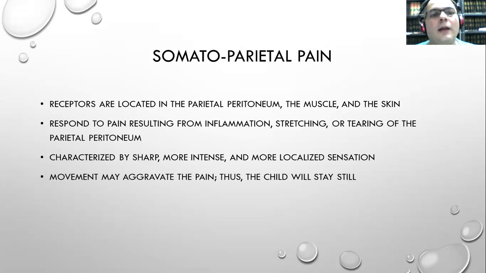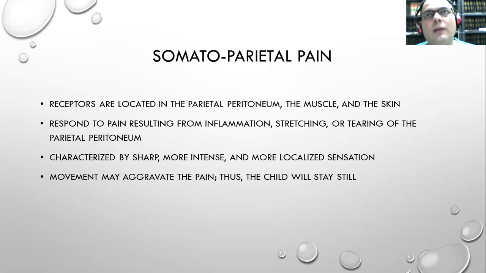This somatoparietal pain is characterized by sharp, more intense and more localized sensation. You can specifically make out the site of the pain if it is a somatoparietal type of pain. It is very sharp as compared to the visceral pain which was dull, and it is more intense. The movement may aggravate the pain and thus the child will stay still.